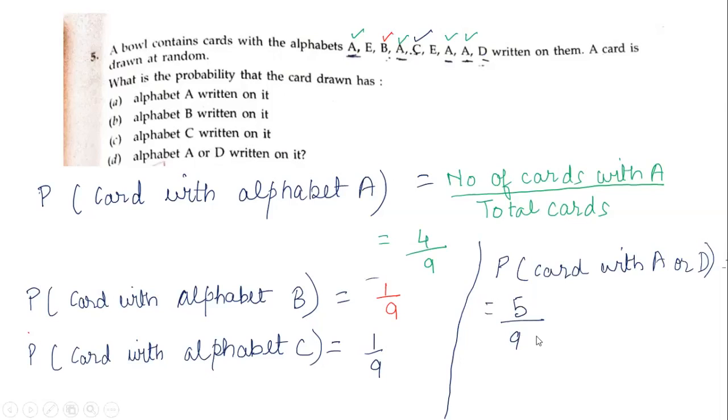This is the probability question we have done. Now moving on to the next question. I hope you are finding it very easy because this topic is really easy and really interesting. So let's move on.